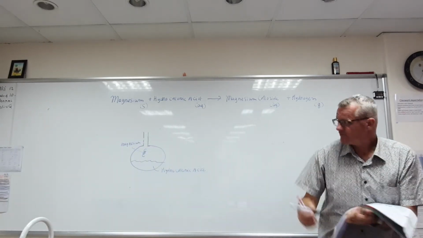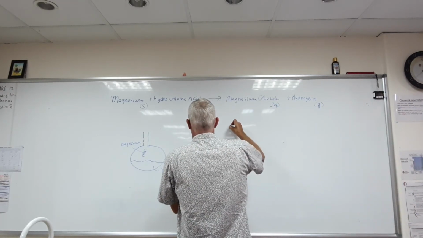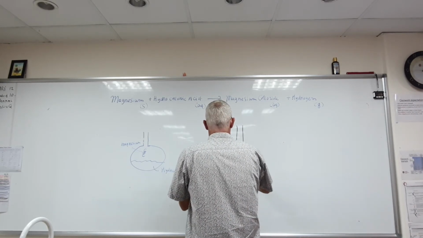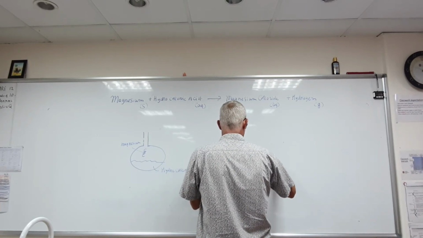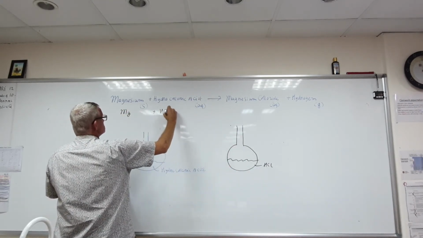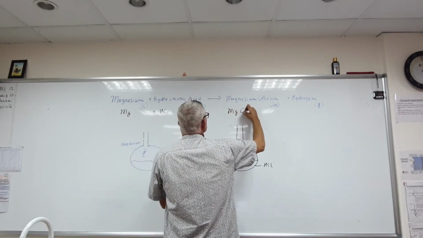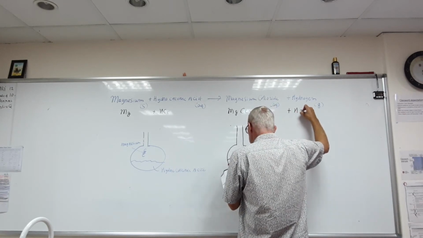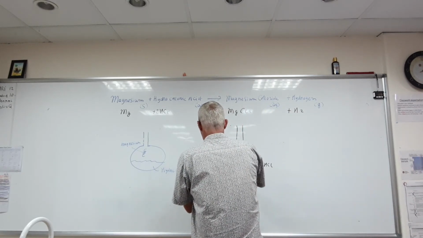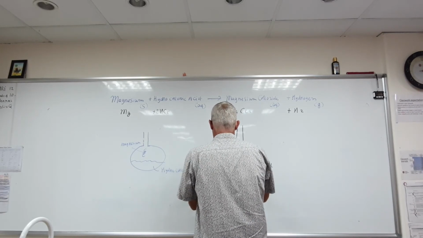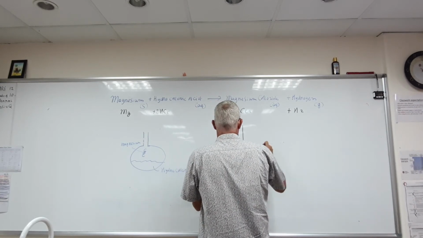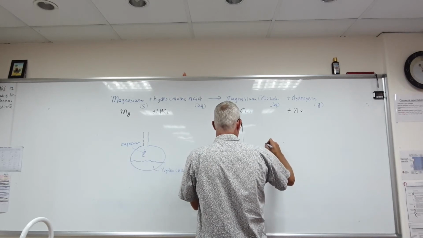So, the next picture we have hydrochloric acid, HCl, and here we have our ribbon, and we get our magnesium, and we get here our H2.